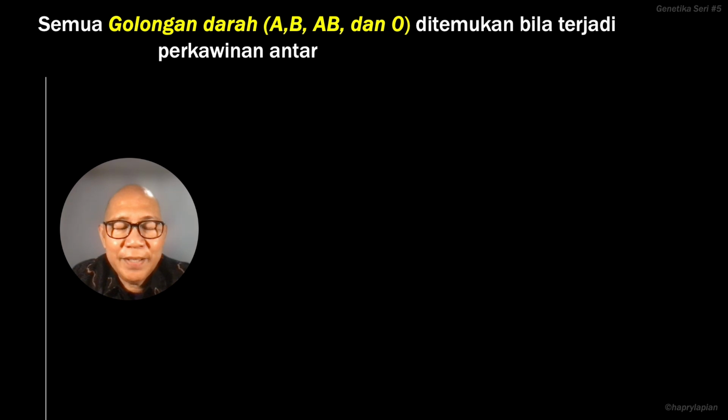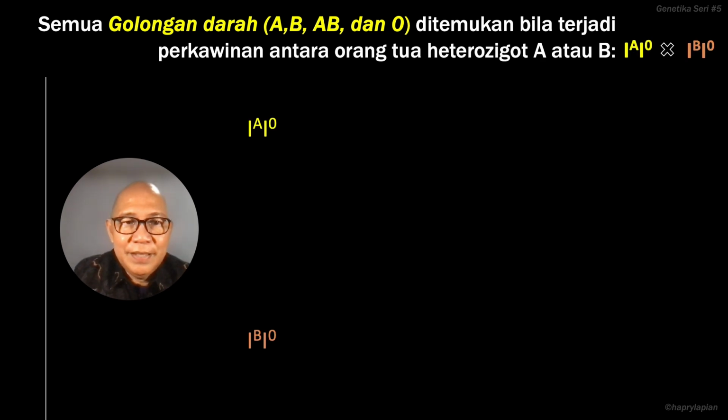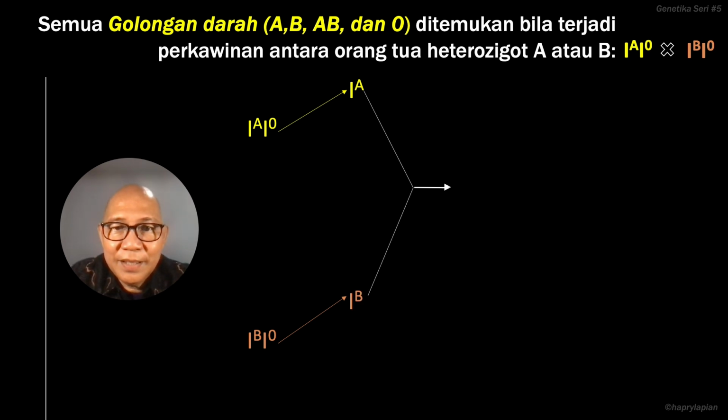All blood types A, B, AB, and O are found when marriage happens between heterozygous A and B parents. This can happen because all the alleles are found in this mating and each can independently meet. AB comes from the combination of IA from, let's say, a father, and IB allele from mother.